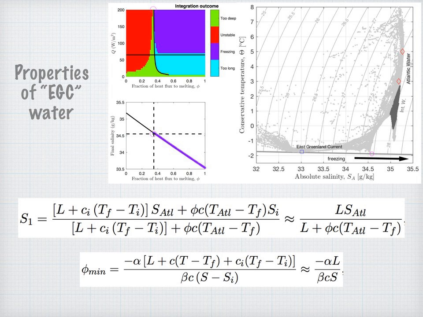However, I think there is no reason in principle why you couldn't have deep reaching convection of the type that you described with little melting of ice, and then you would essentially just cool the Atlantic water. And that probably is more relevant to the Greenland Sea.